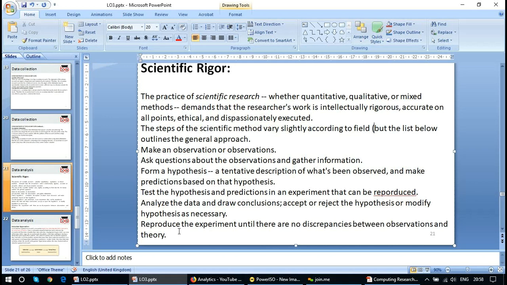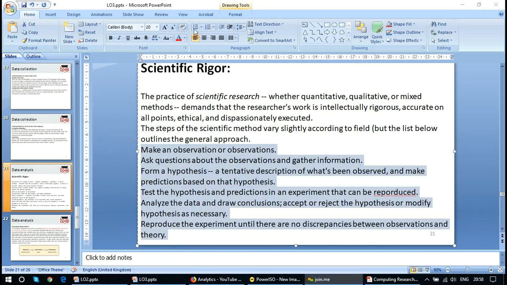So scientific rigor must be carried out by looking at these points.